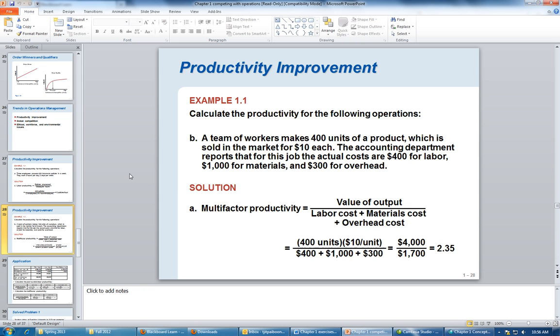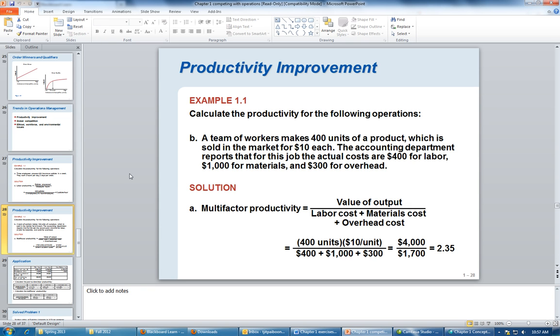Another type of productivity we call multi-factor productivity, which equals output divided by 3 different inputs. For example, this example has 400 units of output, and each unit is sold for $10.